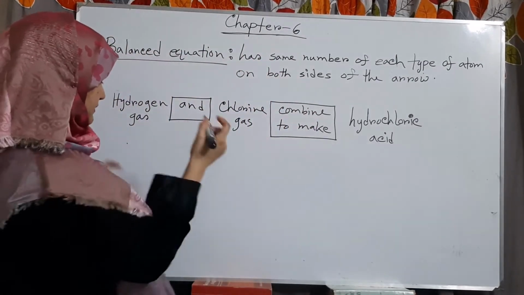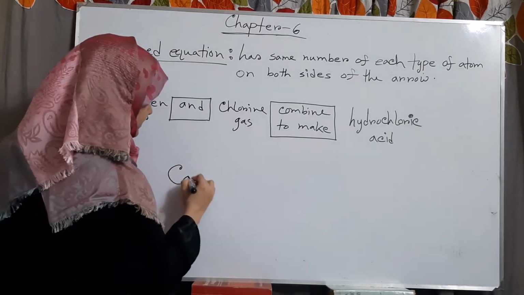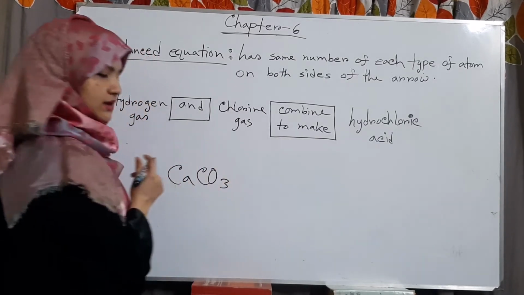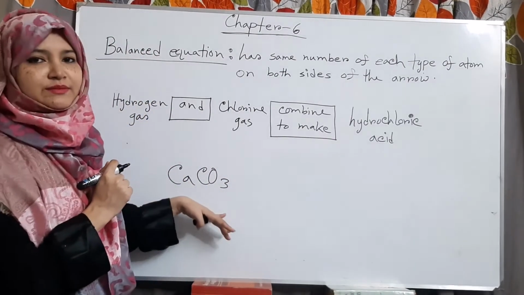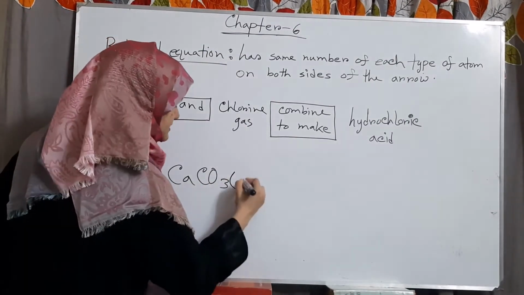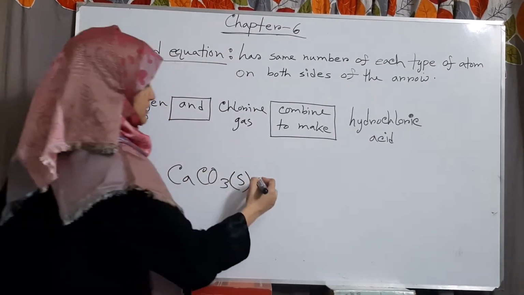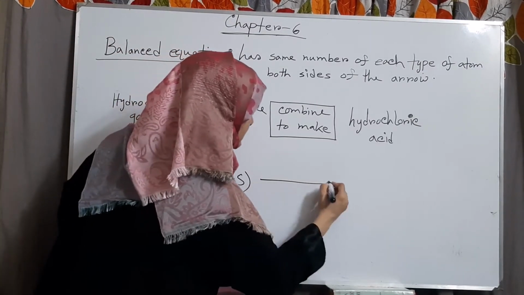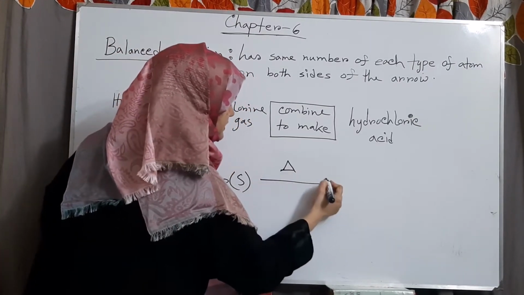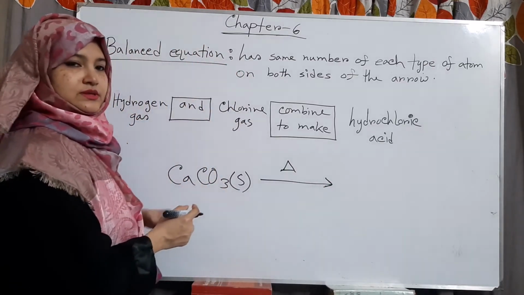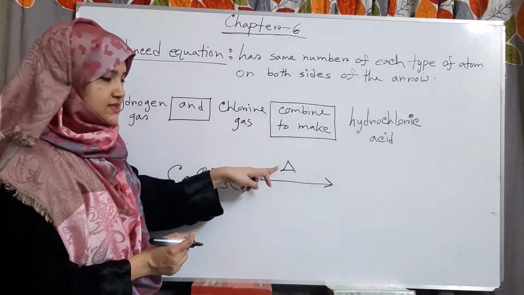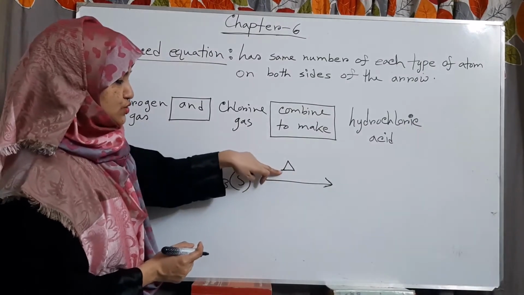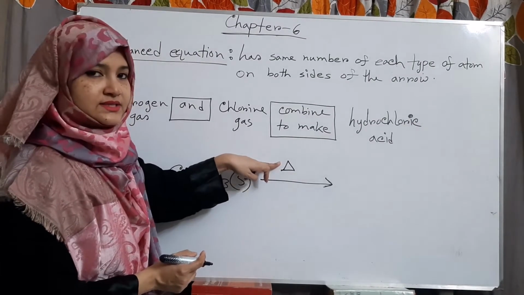Let's see an example. If we take calcium carbonate, limestone, which is in solid form. The physical state of calcium carbonate is solid. If we heat this calcium carbonate, it is shown by this delta sign.